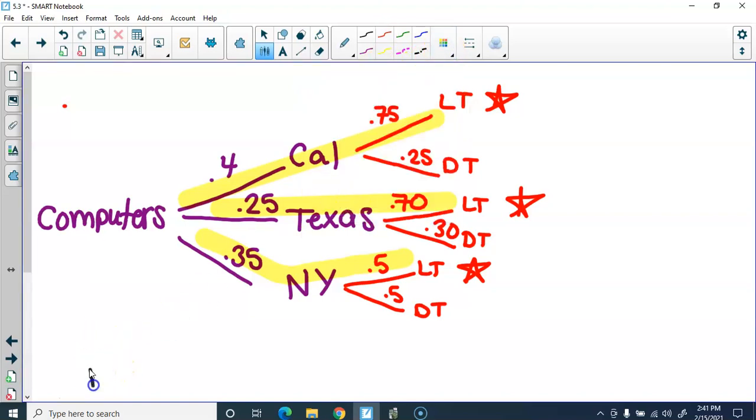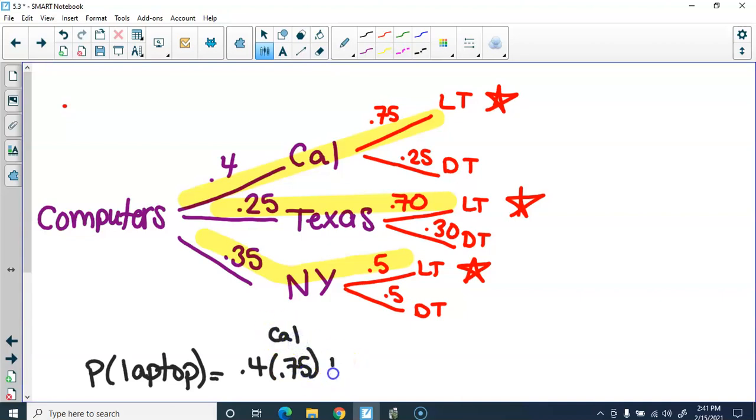So we have the probability of a laptop in general is 0.4 times 0.75, California, plus 0.25 and 0.7, Texas, plus 0.35 and 0.5, which was New York.